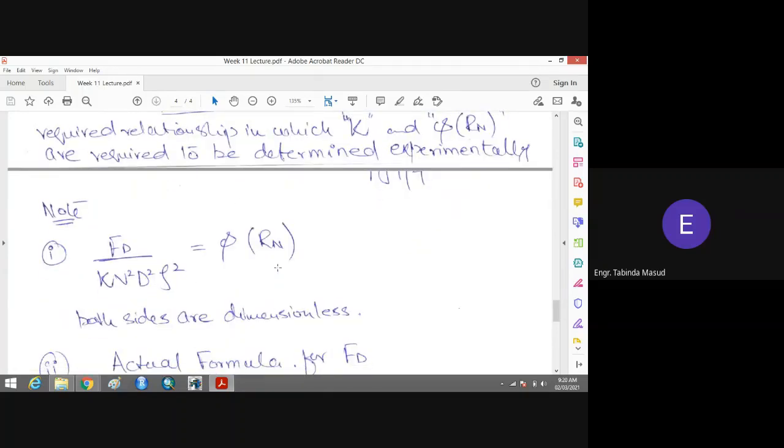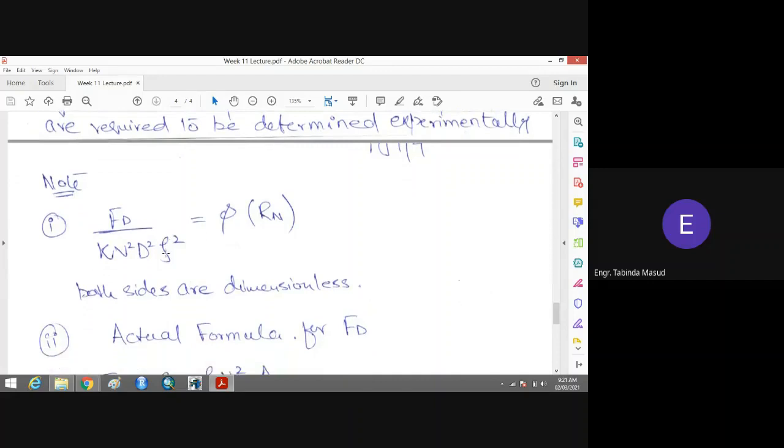We know that the Reynolds number is a dimensionless number, but this should also be dimensionless. If both sides are dimensionless, it means there is no problem in your analysis. You have done everything correctly and you can go ahead. But if you find that you are getting some dimension, it means you have made some mistake. You can go back and check your analysis to find where you made the mistake.